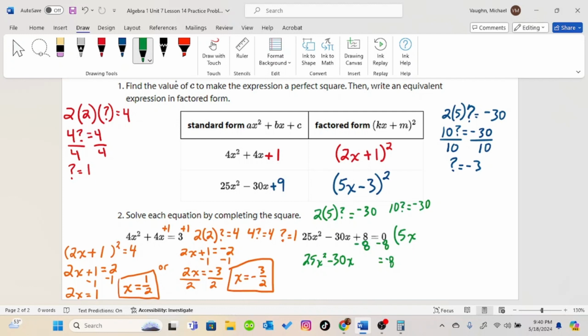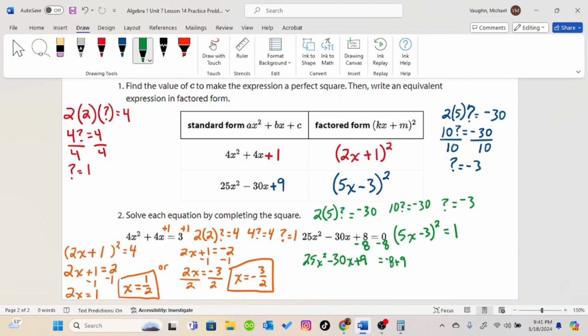And if I divide by 10, I find out that something is -3. So this would be 5x minus 3 squared. -3 squared is 9, so I'm going to add 9 to both sides. So I now have my factored form 5x minus 3 squared equals 1, because -8 plus 9 is +1.